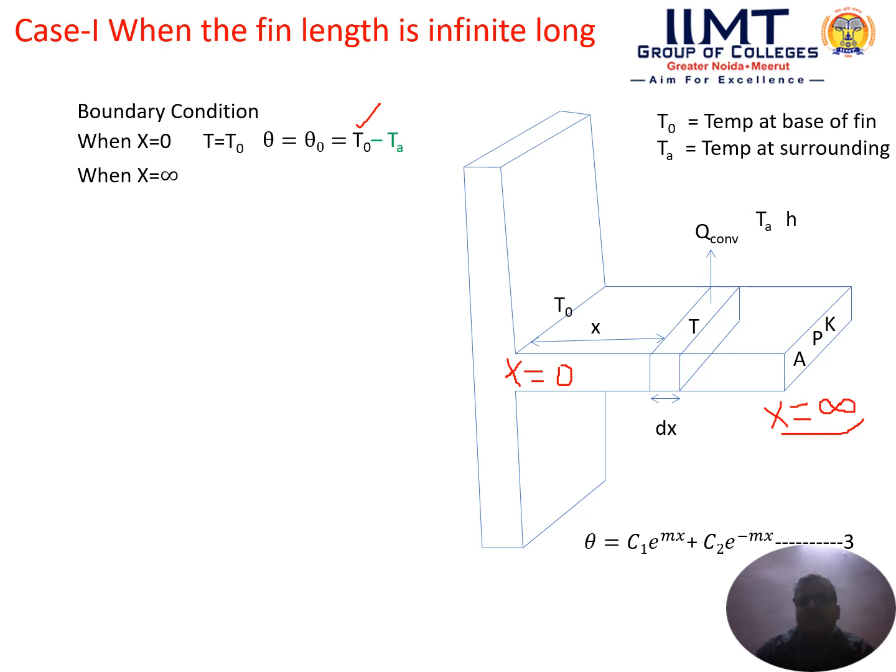Second boundary condition is what? At x is equal to infinity. At x is equal to infinity, that is the length at which the surface temperature of the fin is equal to the surrounding temperature. That means T is equal to Ta. We know theta is equal to T minus Ta.